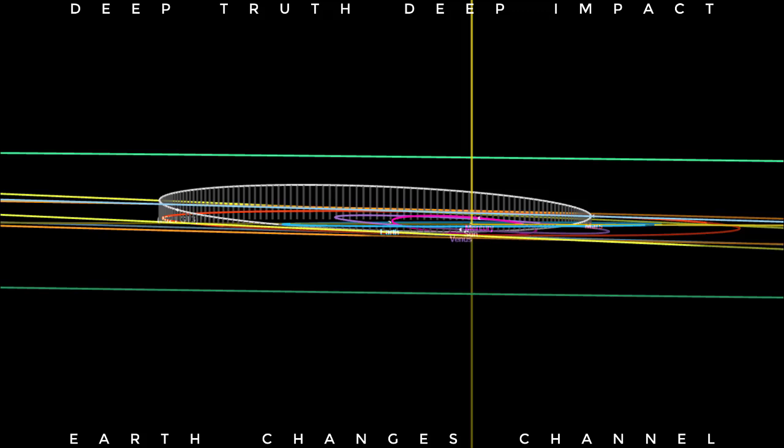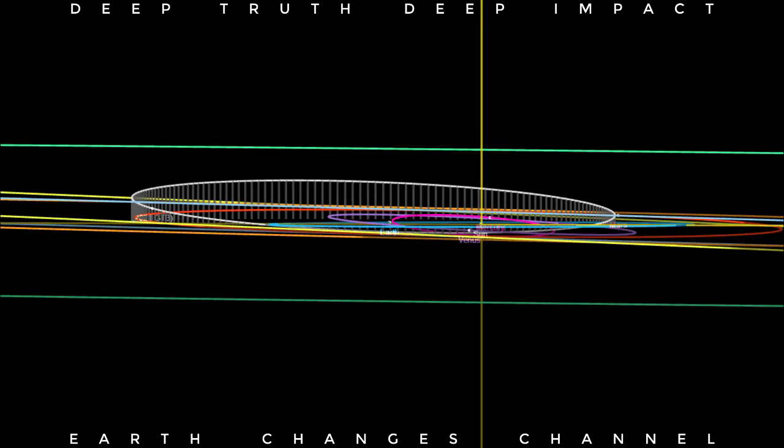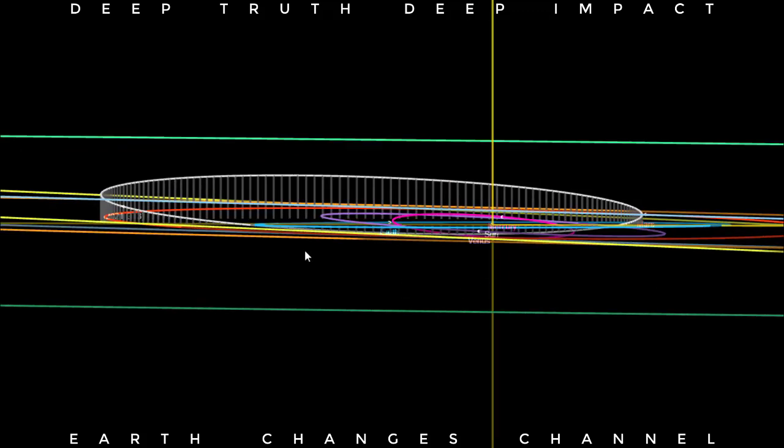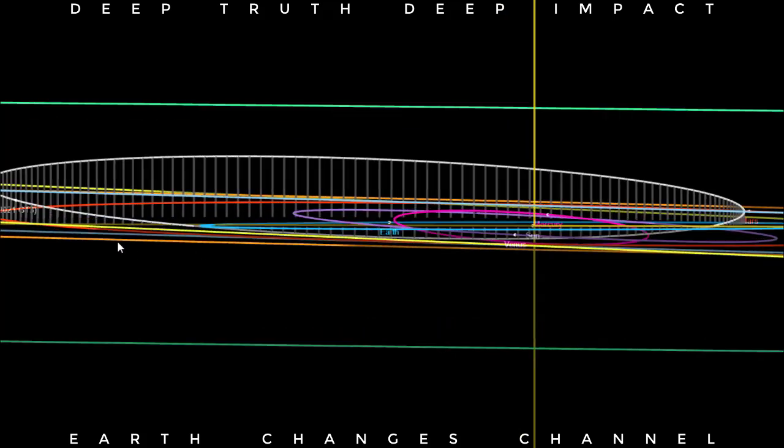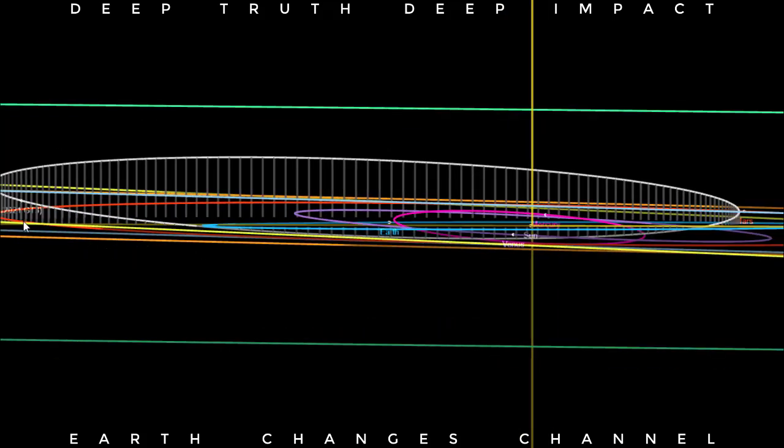So before we get started, I'm going to give you some reference. I'm sure most of you already know this. This yellow line right here is the ecliptic, or as some call it, the plane. And this line here is the center. So what you want to look for is these lines that are coming downward.